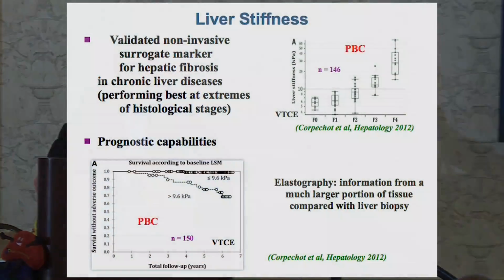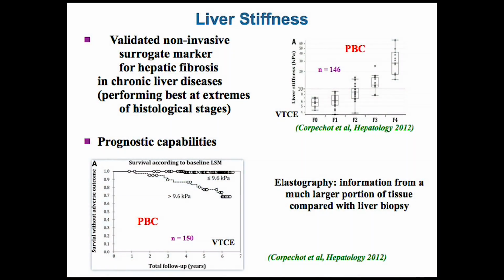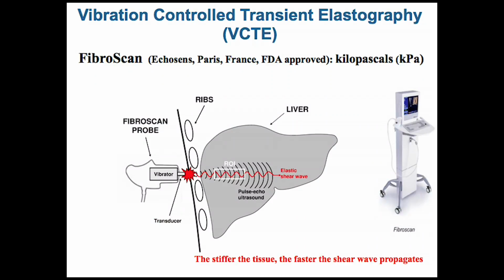And as we know, liver stiffness is a validated non-invasive surrogate marker for hepatic fibrosis in a number of chronic liver diseases, performing best at extremes of histological stages. For example, in PBC, the other main cholestatic disease, we found a nice correlation between liver stiffness and histological fibrosis stage, as shown here.